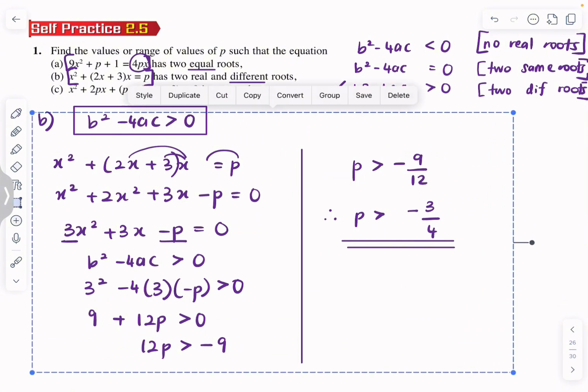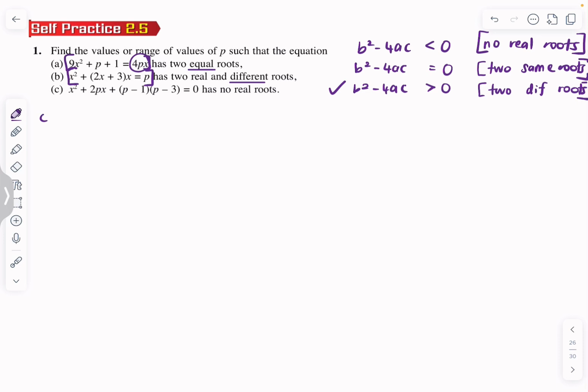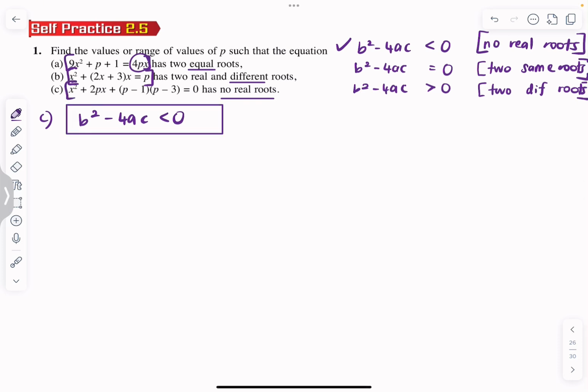Let's look at C. Has no real roots. No real roots means b square minus 4ac less than 0. Right. So let's expand this and simplify. X square plus 2px plus p minus 1 and p minus 3.